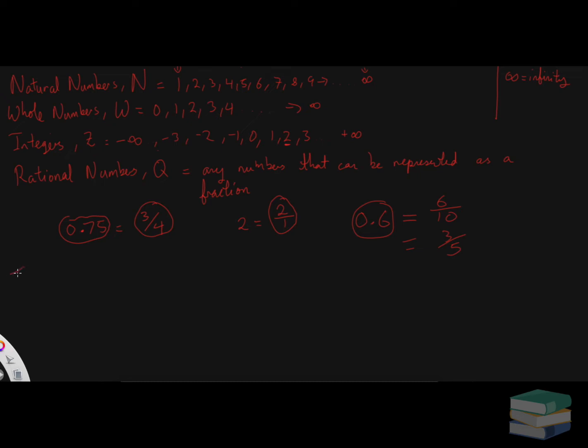Conversely, now there are numbers called irrational numbers. These are numbers that cannot be written as a fraction.